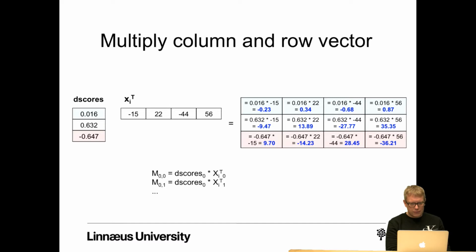The second value is the first element in the d-scores vector multiplied by the second value in the input row vector. And we continue doing like it's shown here. And then we get the resulting dW matrix, that's the difference in weights, how we should change the weights.